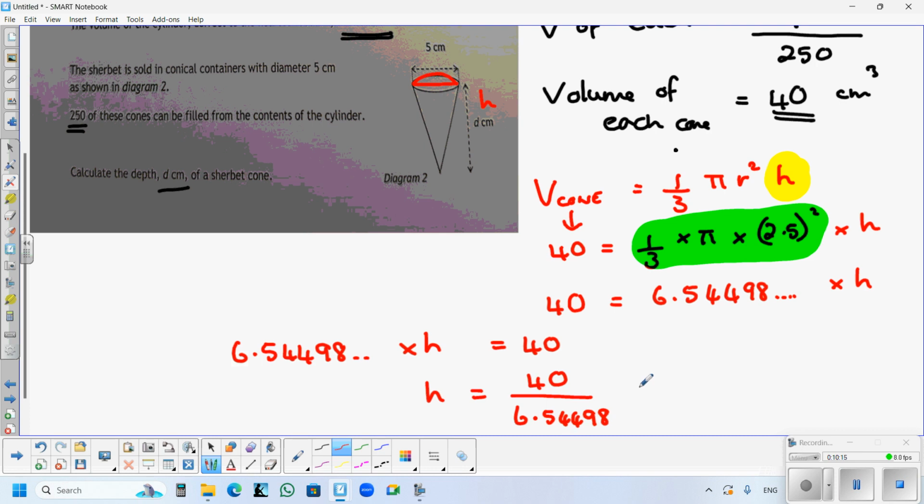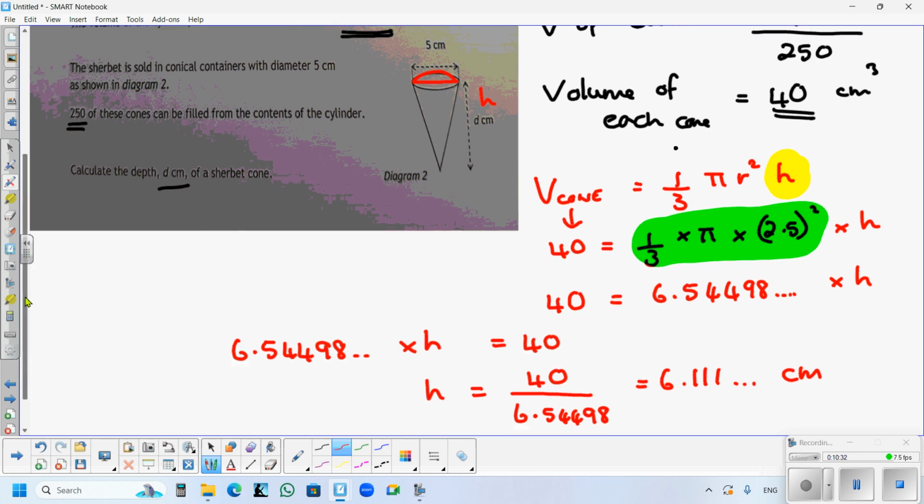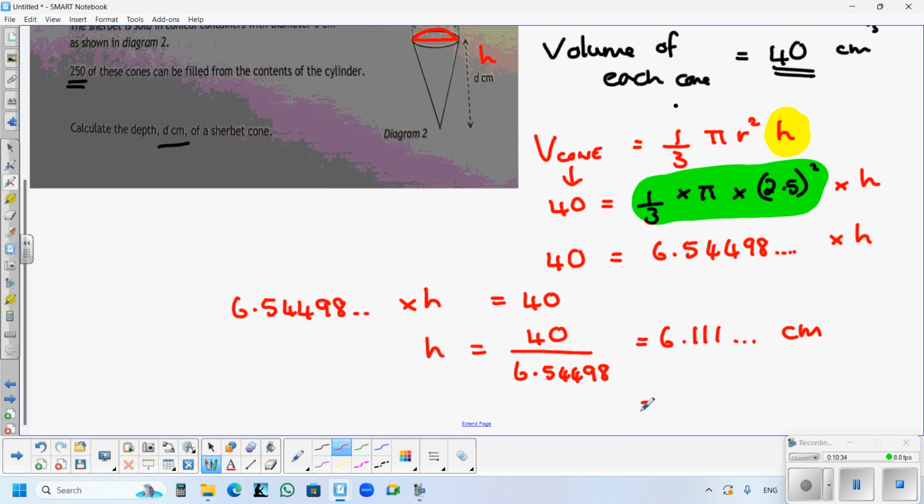So 40 divided by that full big number turns out to be 6.111, and that goes on, and that's centimetres because it's a height. It didn't say to any number of decimal places, so if we're talking about centimetres, it's probably okay to put it to one decimal place, because that's millimetres, which are quite small. So 6.1 centimetres is the height of that.